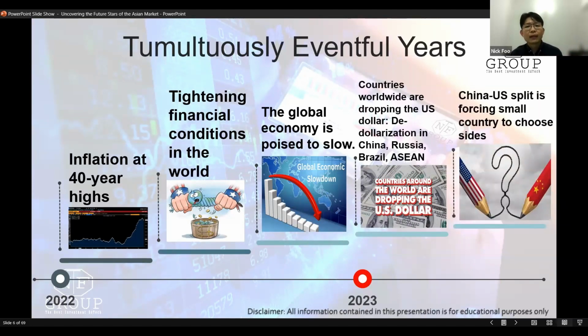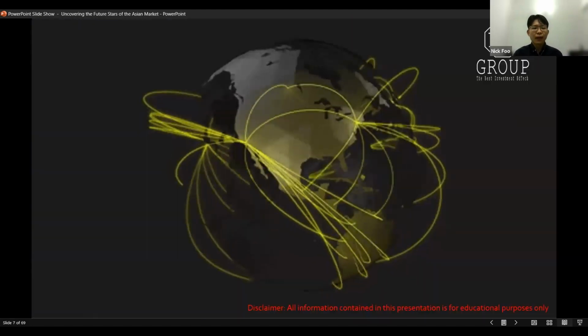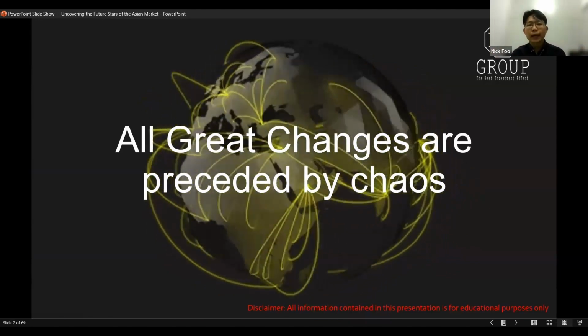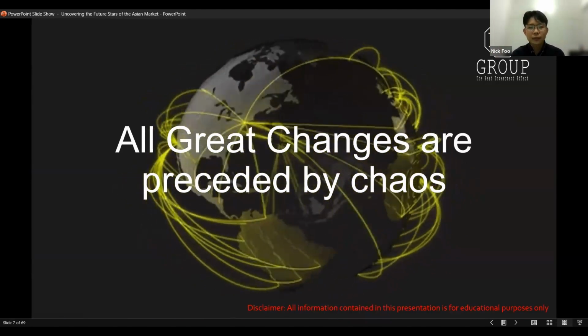And I think the China-US split is forcing a lot of small countries like us, like Singapore as well, to choose sides. Do you want to choose China or do you want to choose the US? So currently it is a difficult, challenging time for small countries to choose sides. I think all great changes are preceded by chaos, ladies and gentlemen.